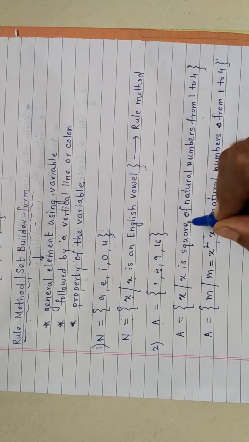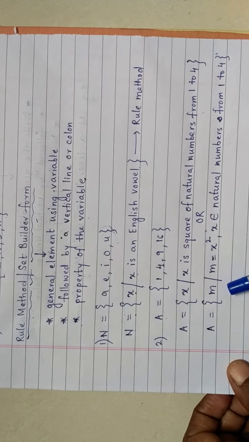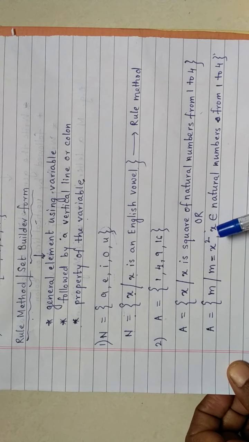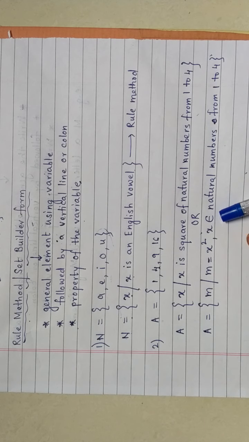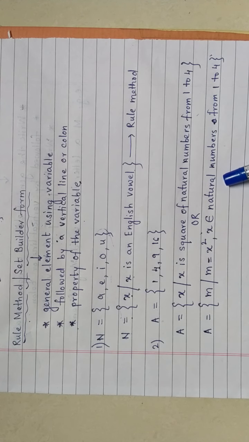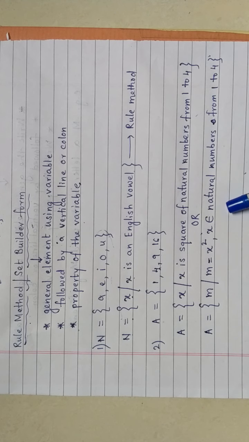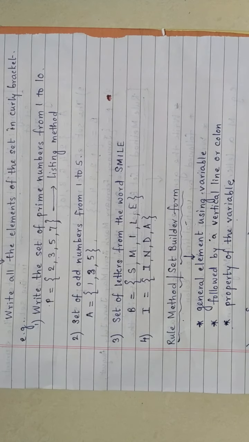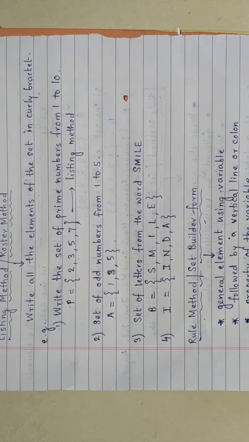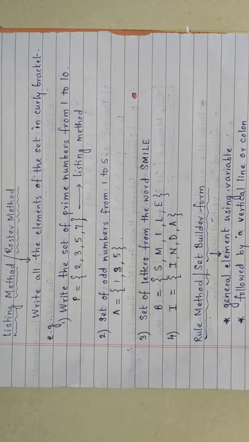The same set we can write as: A is a set of all m, where m is x square and x belongs to, this sign is belongs to, natural numbers from 1 to 4. Is everyone following this? Okay, so these are the two methods of writing the sets, the listing method and the rule method. I hope everyone has followed this.